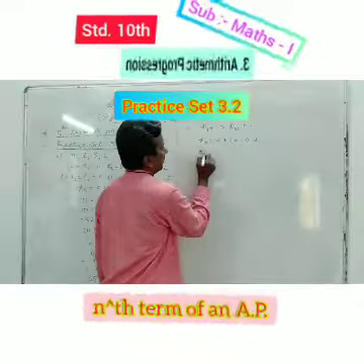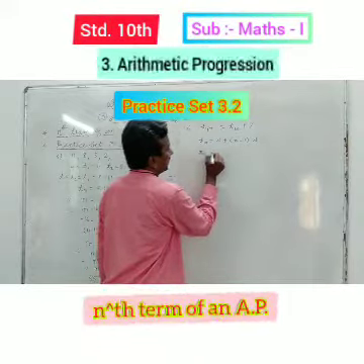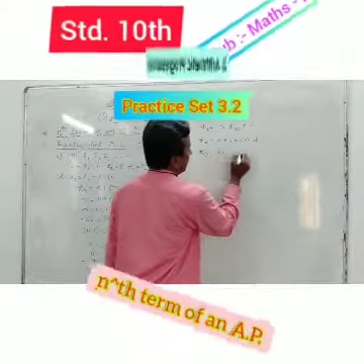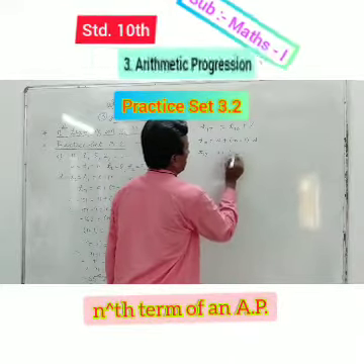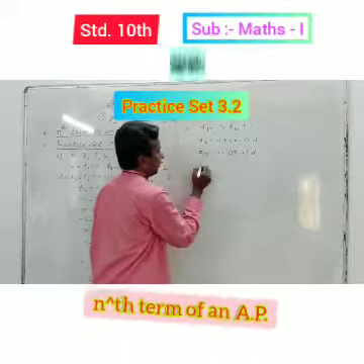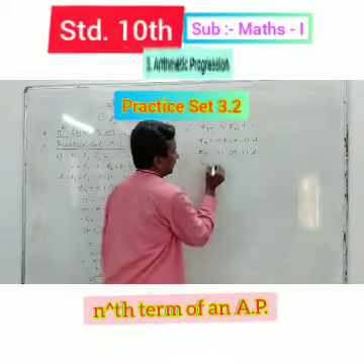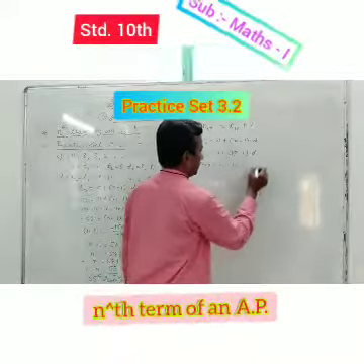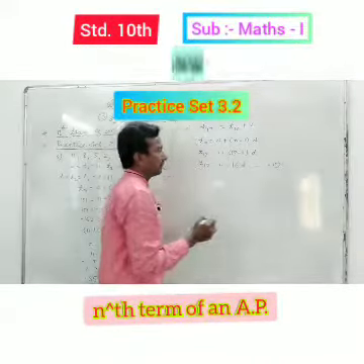N is equal to 17. Then we get T17 is equal to A plus, the value of n is 17, minus 1 into d. Therefore T17 is equal to a plus 16d. Suppose this is equation number 1.